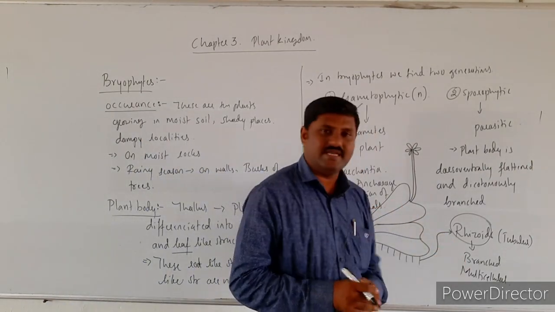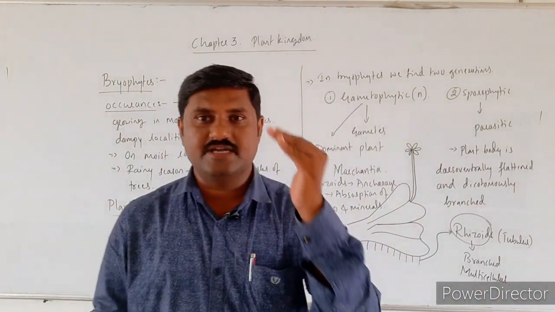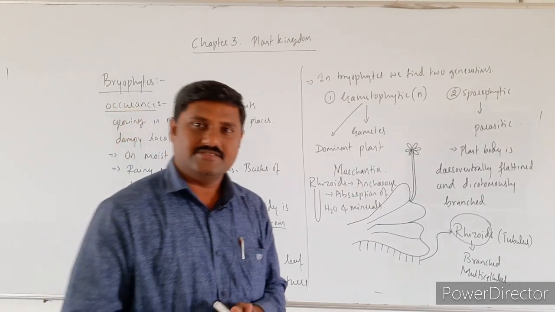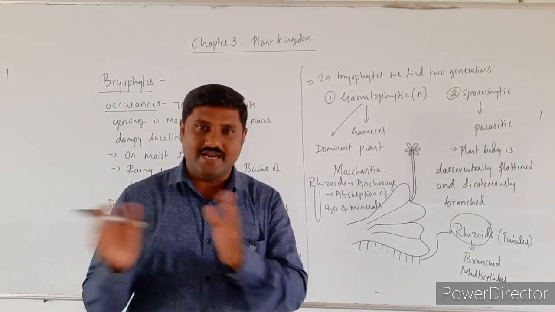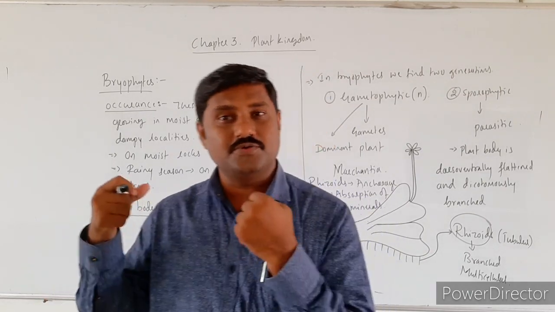Rhizoids may be branched, and the rhizoids may be multicellular in higher bryophytes. Right? So, see the difference. In algae, there were no roots at all, not even root-like structures.